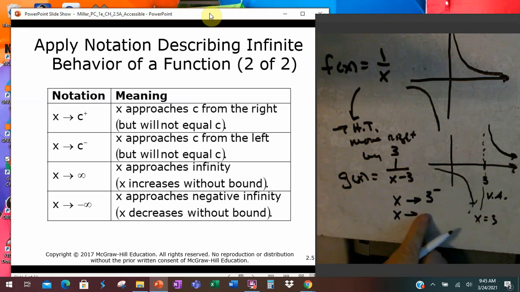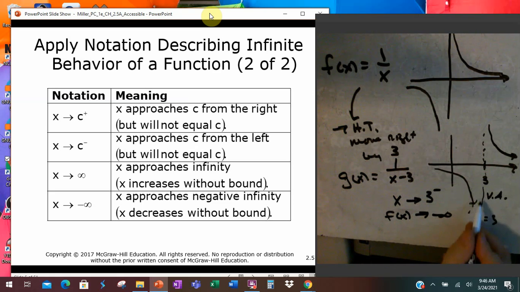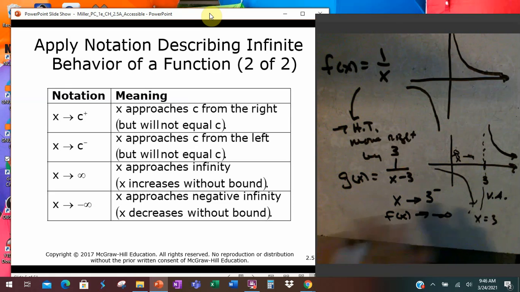The function goes to negative infinity. This thing goes down. So as my little guy is walking toward 3, this thing is blowing up in the negative direction.